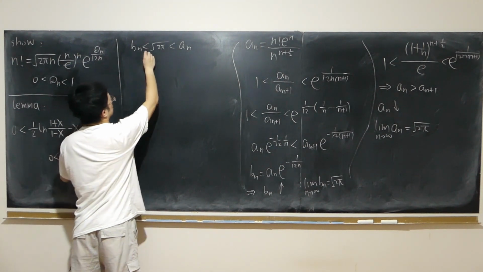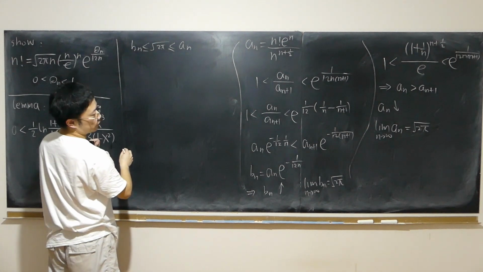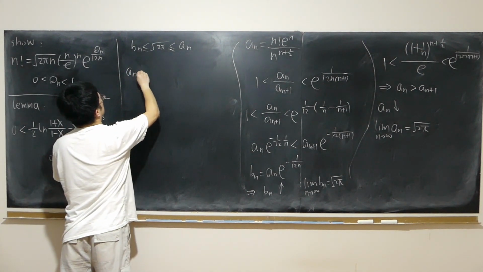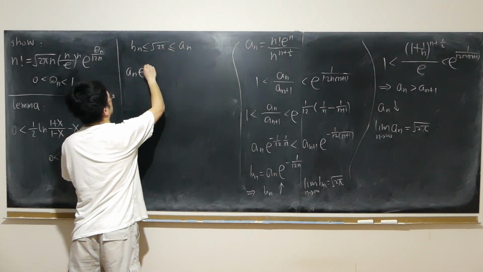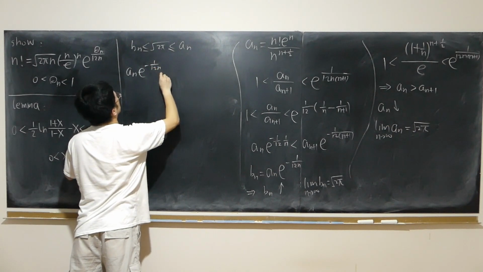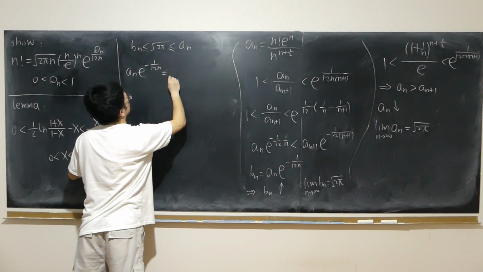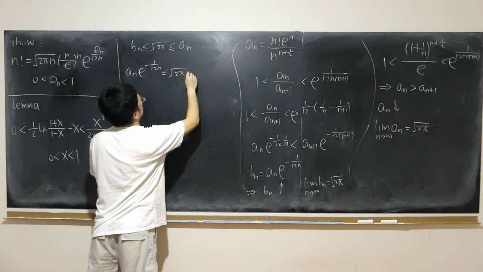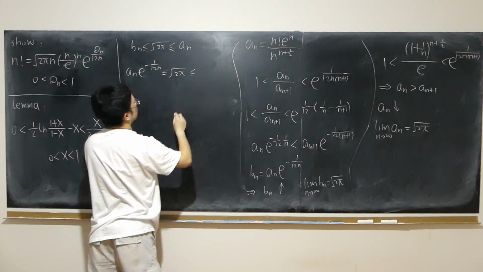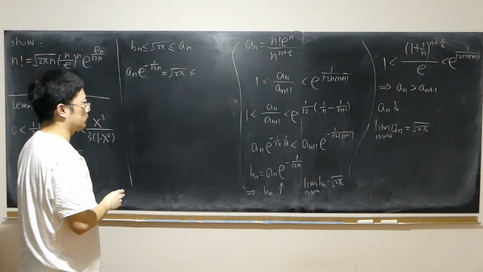Bigger than or equal to, perhaps. So bn equals an times e to the power of negative 1 over 12n, less than or equal to the square root of 2 pi, less than or equal to an.